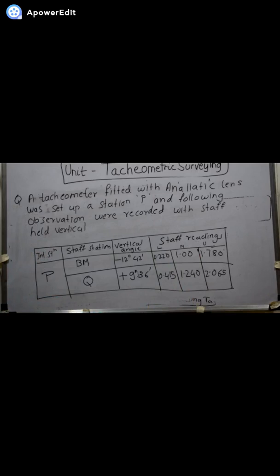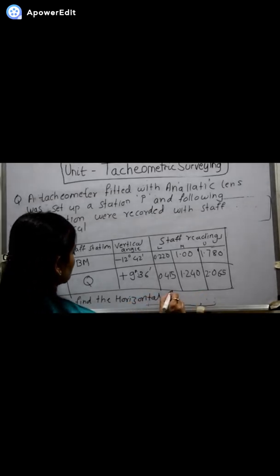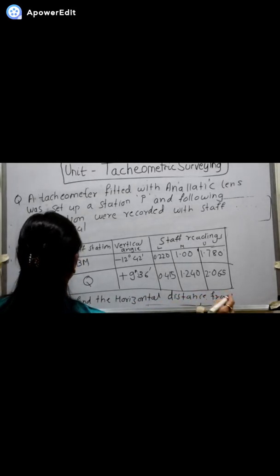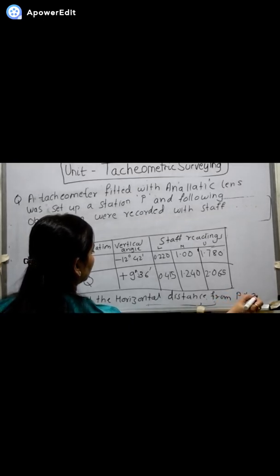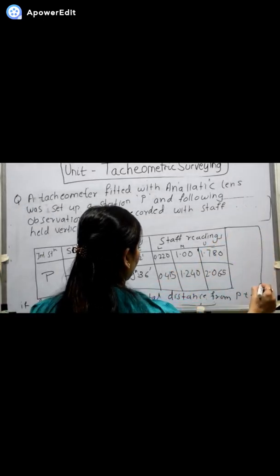Now the question is, if f by i is equal to 100, find the horizontal distance from P to Q. They have also written a remark over here.